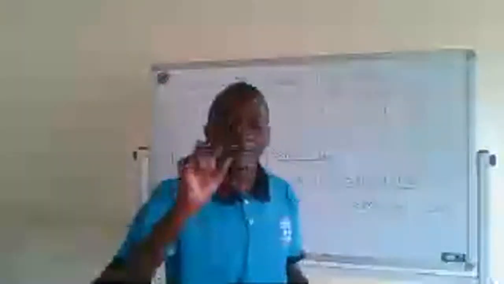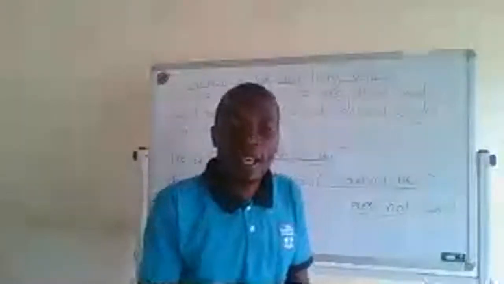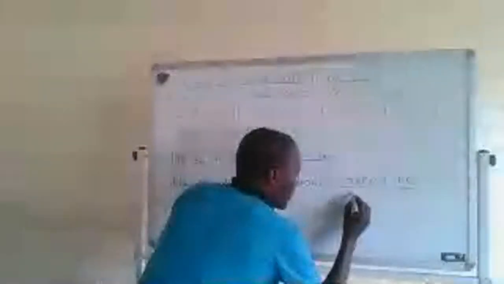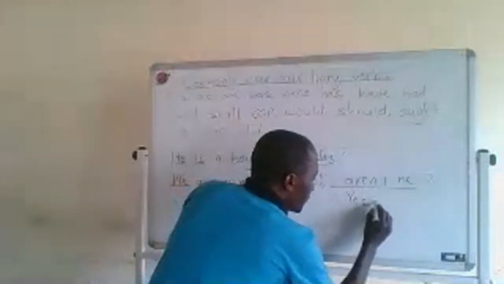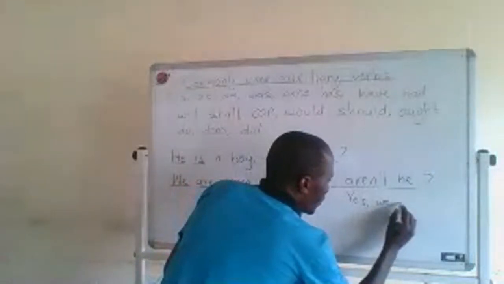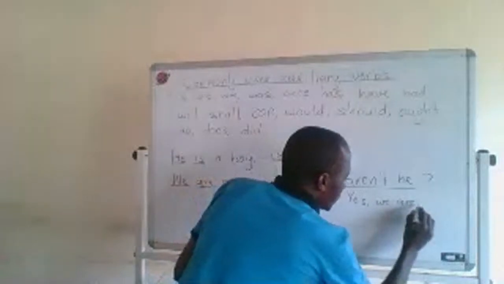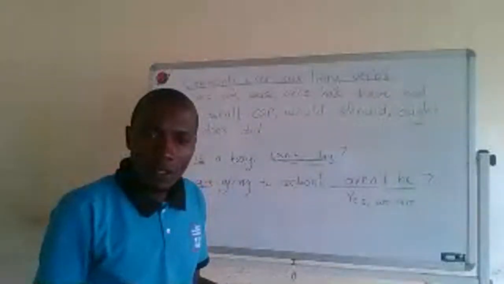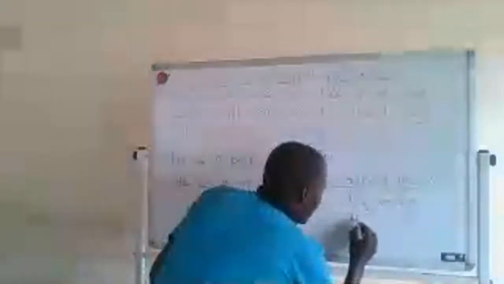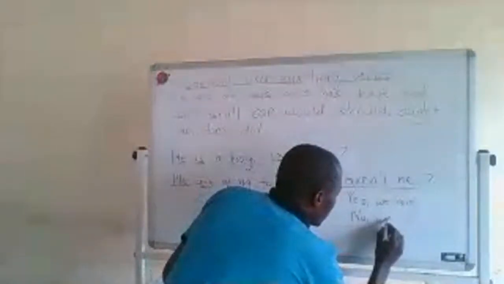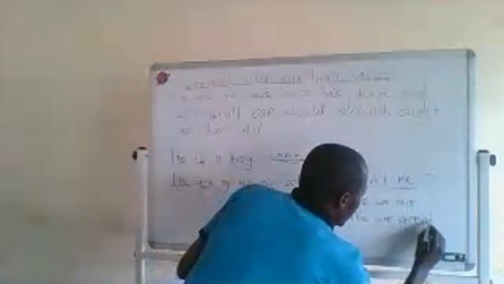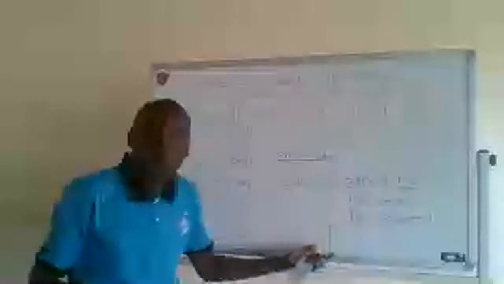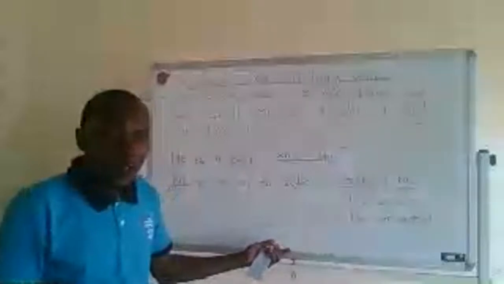Obviously, since it is a question tag, it has to give also an answer tag, which is supposed to be "yes, we are," or it can be "no, we aren't."